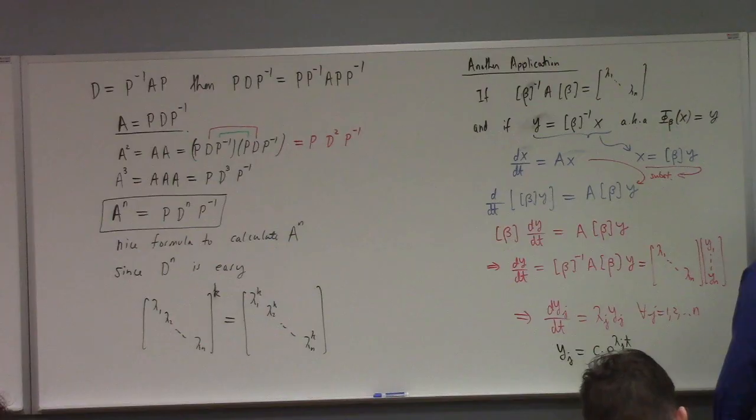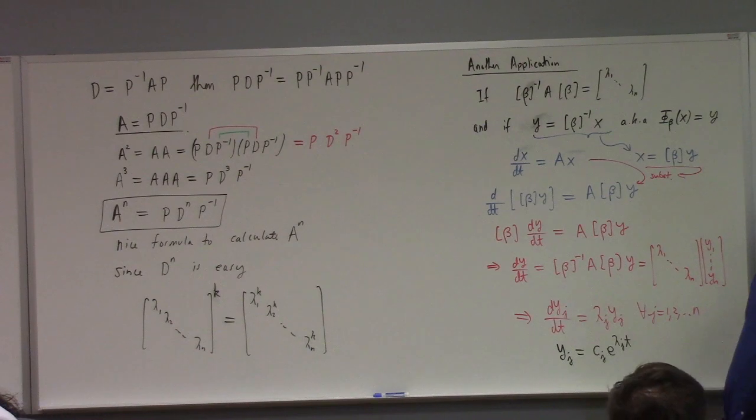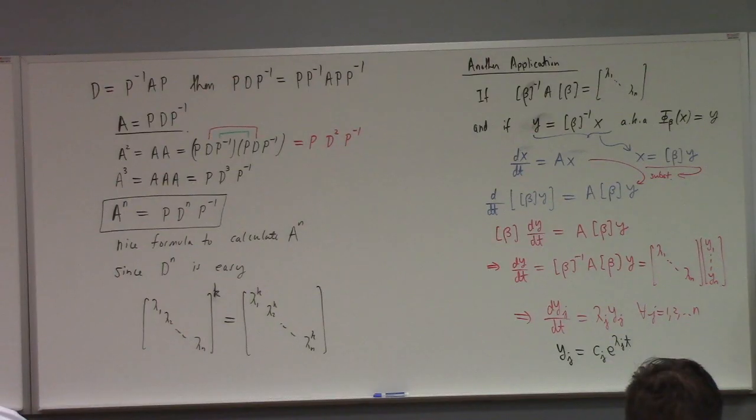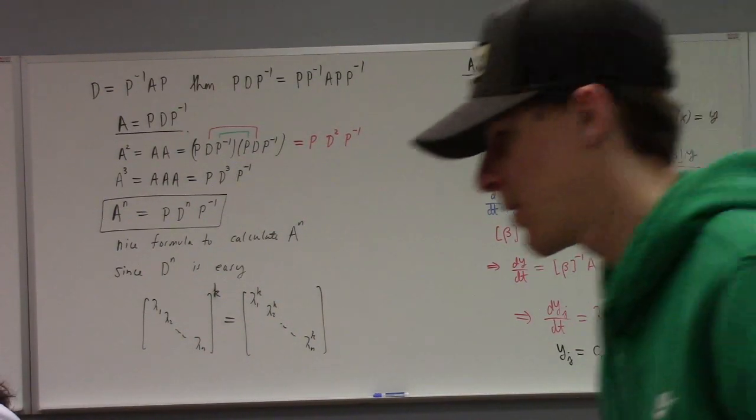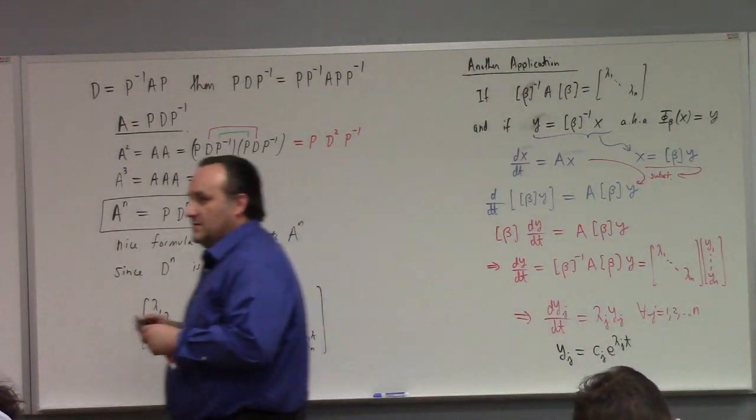X was equal to beta times y, which is v1, v2, through vn times my y. And lo and behold, what we have is c1 e to the lambda 1 t times v1, plus c2 e to the lambda 2 t times v2, plus cn e to the lambda n t times vn. And there you go, that's the general solution to the differential equation.